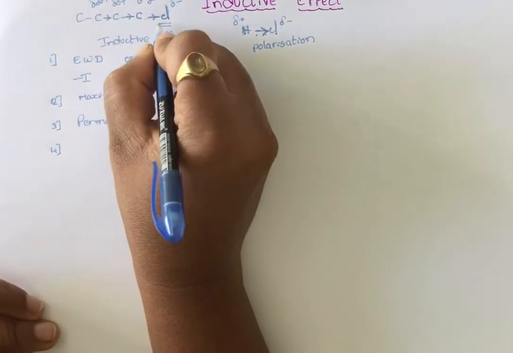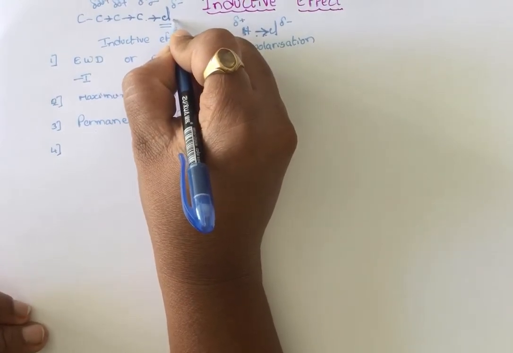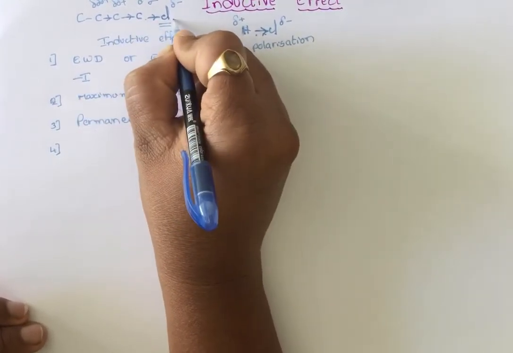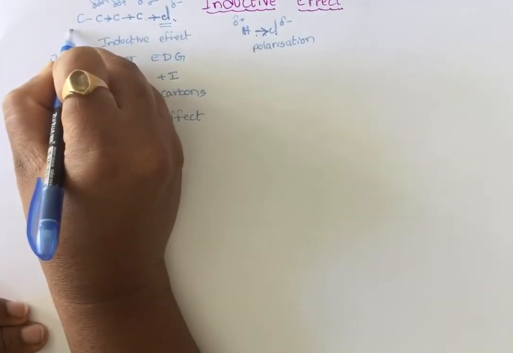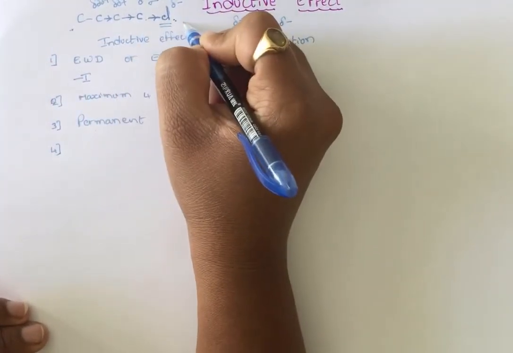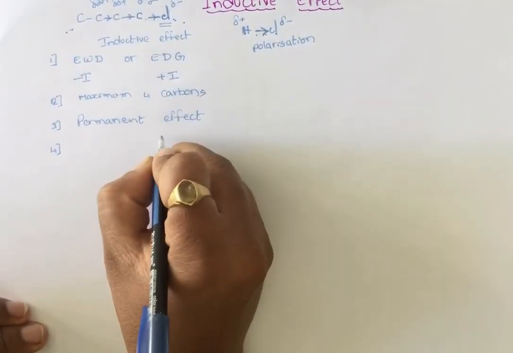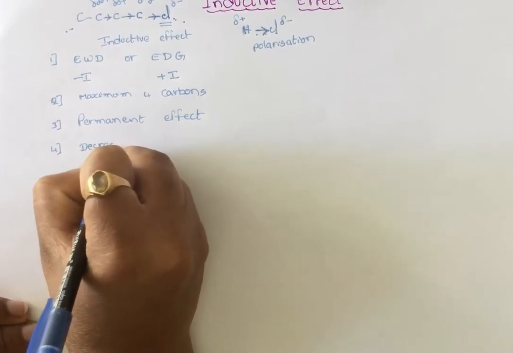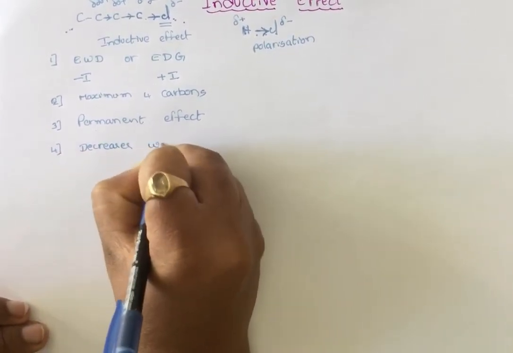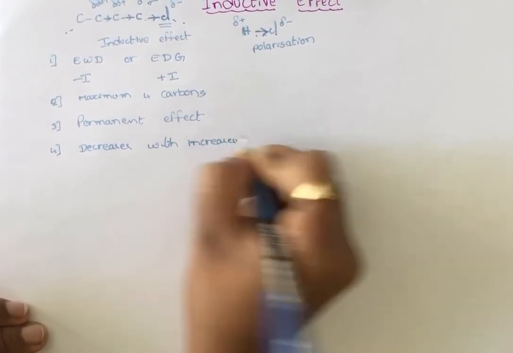Understand? Because of this effect, one end of the molecule gets a partial negative charge and the other end gets a partial positive charge. So it is a permanent effect, and this effect decreases with increasing chain length.